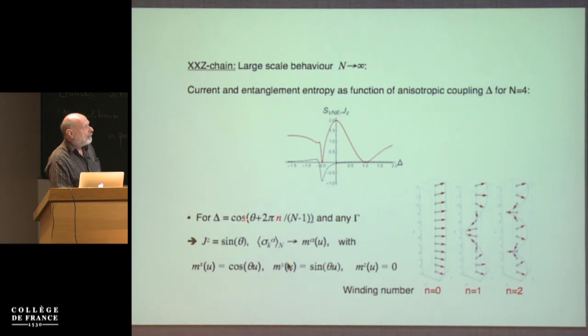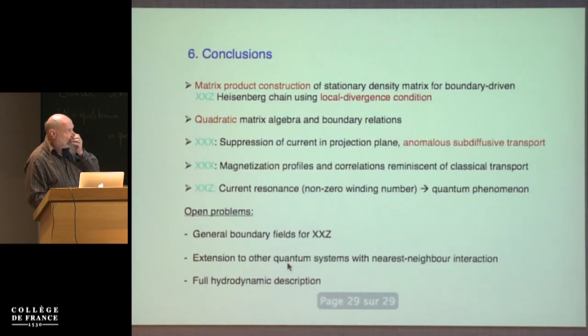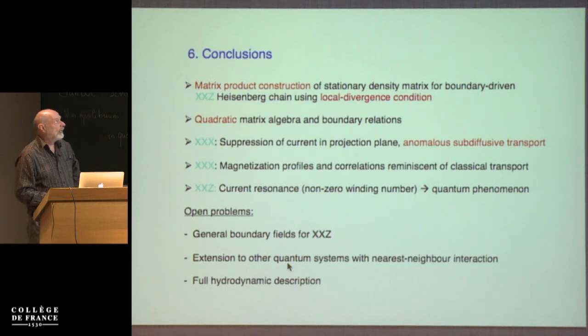But if you take a winding number 1 and take delta equal to this value, then you get a non-trivial profile, a non-zero current, and a winding of your spins just once around the chain. And if you take the winding number equal to 2, you'll get 2 windings and so on. So you can introduce non-zero winding numbers, even though the twist angle is always the same, just by adjusting the interaction constant appropriately. So this is clearly some quantum effect that has no classical analog as far as I know.